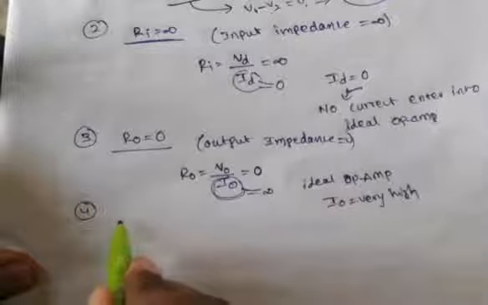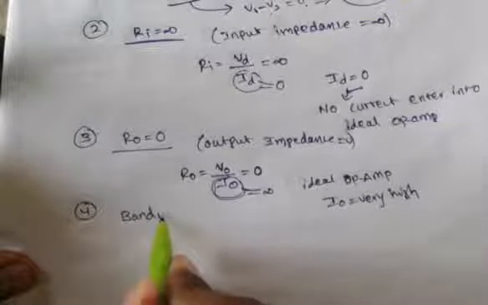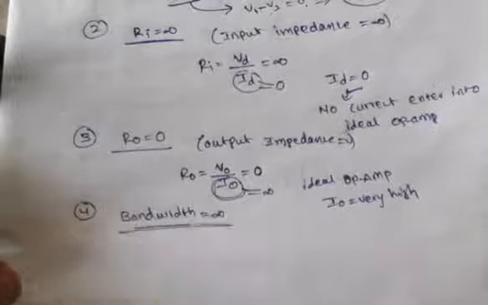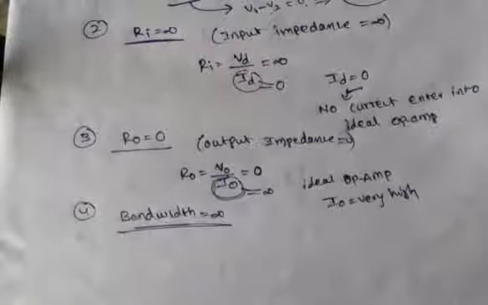Coming to the fourth point, the bandwidth should be infinity. For any ideal case, the bandwidth will be infinity. Bandwidth will be very high. Why? Because if the bandwidth is very high, multiple signals at a time we can send, either transmitting or receiving will be possible. For example, our home door is very small, so it allows only a single person at a time.